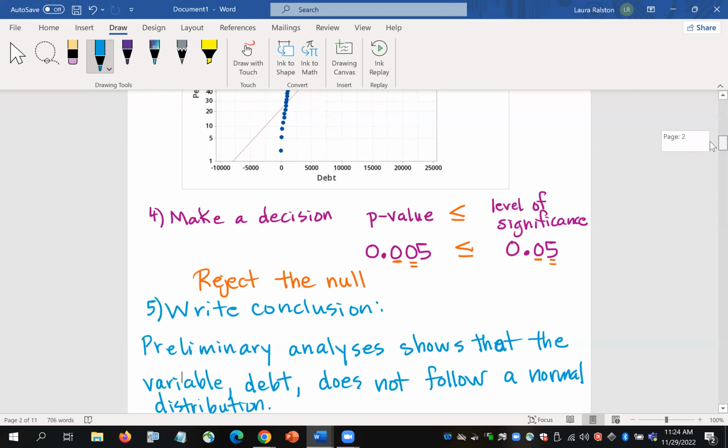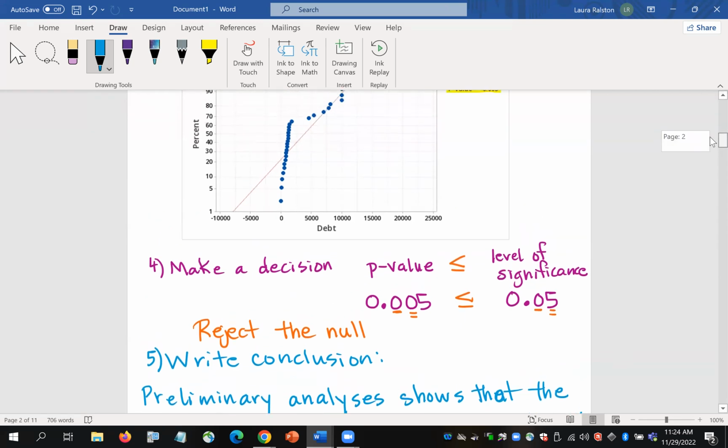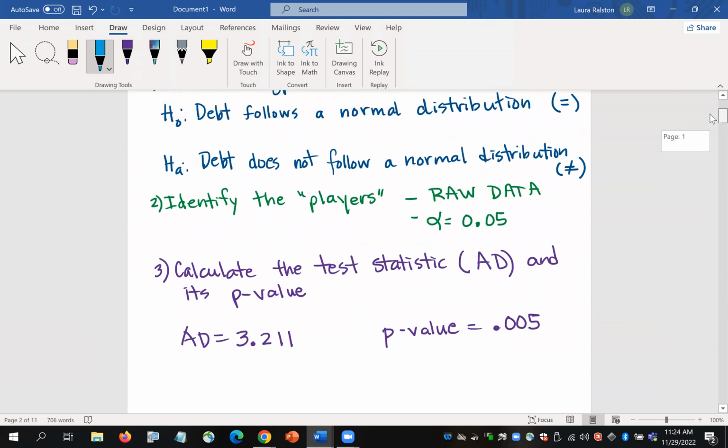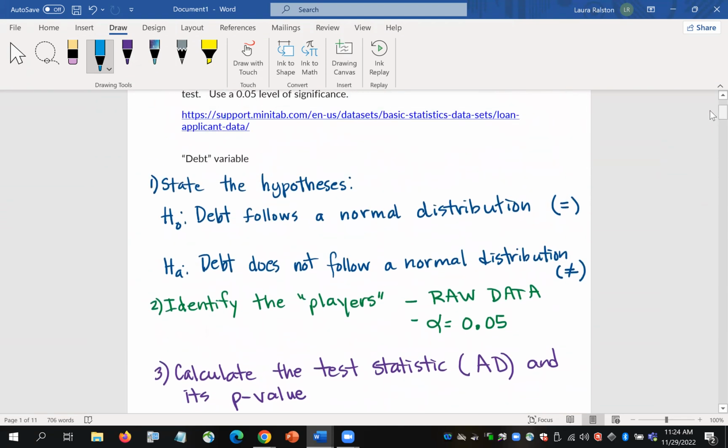Now, to make sure you understand why I wrote it that way, let's go back up here to our hypotheses. We determined that we were going to reject the null. If we reject the null, that means the null is false and the alternative is true.